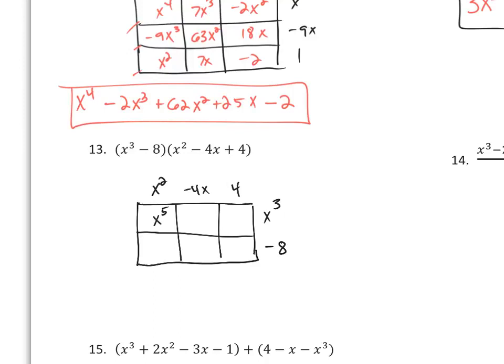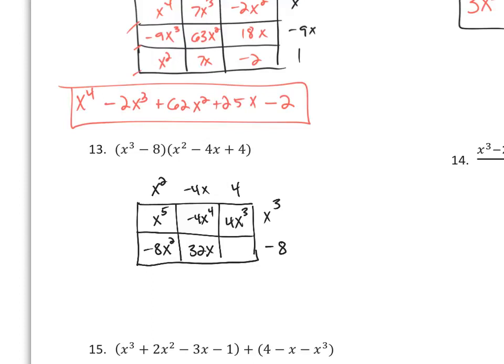power of 5, negative 4x to the power of 4, 4x to the power of 3, negative 8x squared, negative 8 times negative 4 is going to be a positive 32x, and 4 times negative 8 is negative 32.